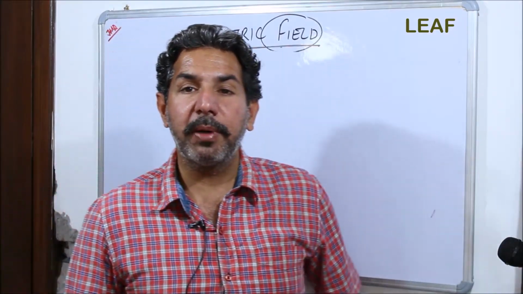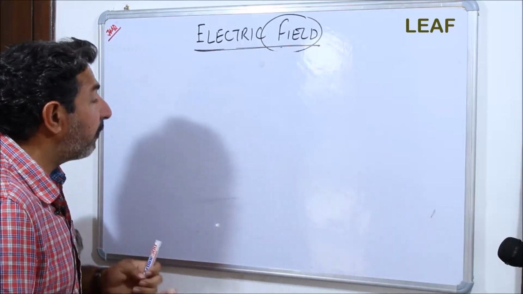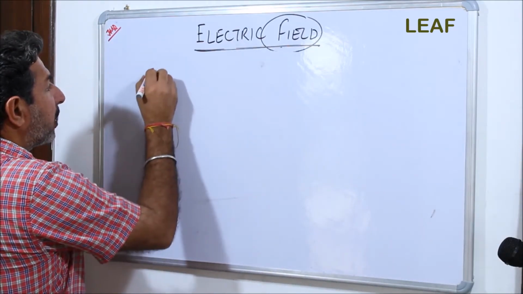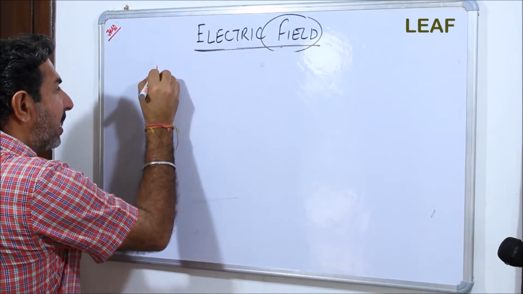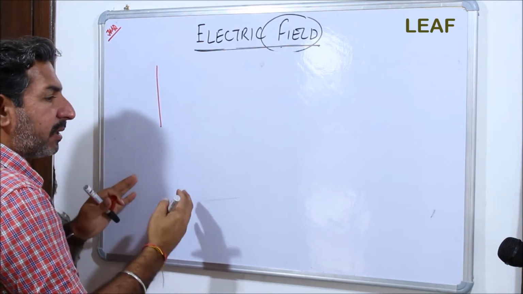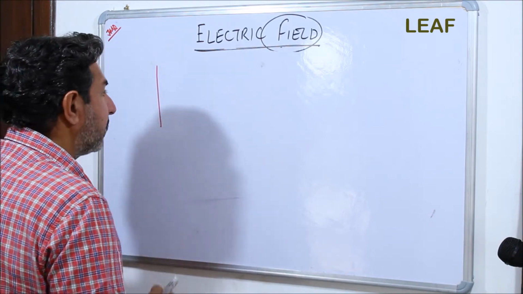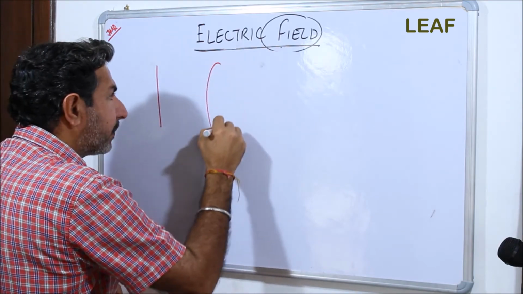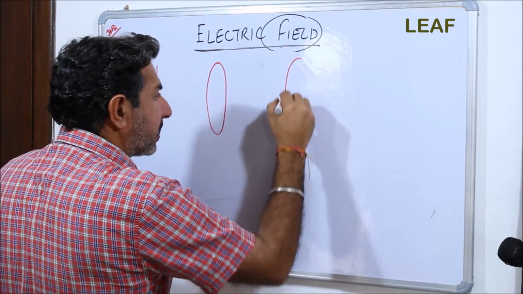Subsequently, now let's talk about uniform bodies having continuous charge distributions, like a straight conductor, which can be of defined length, can be of infinite length, a ring, and then a disc.